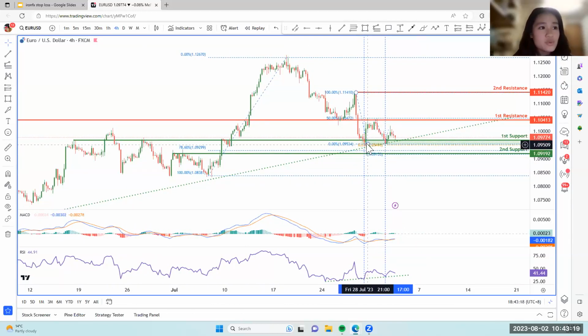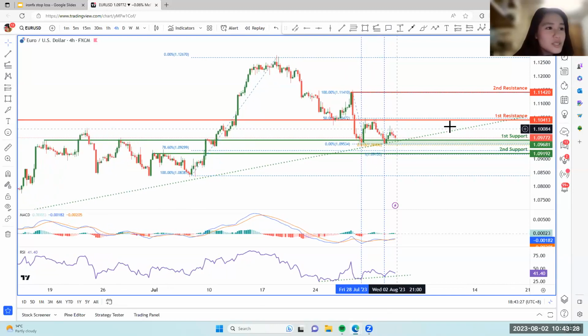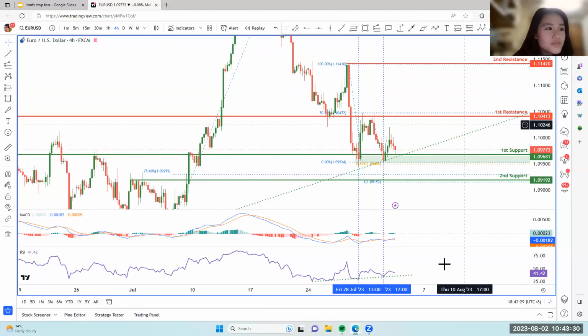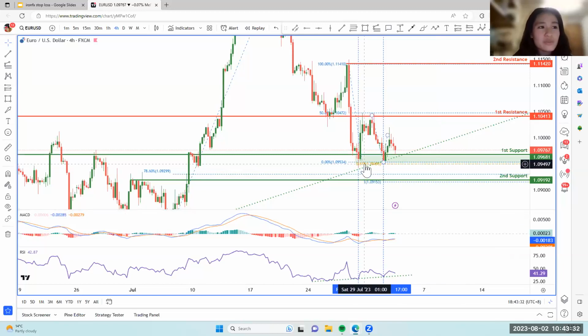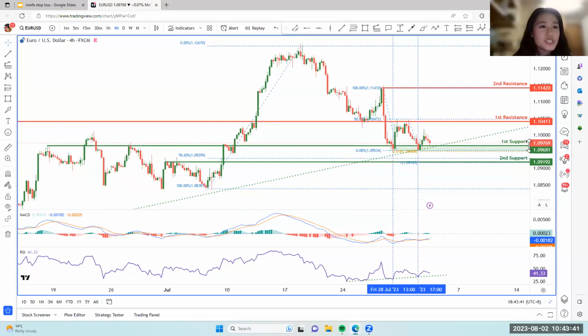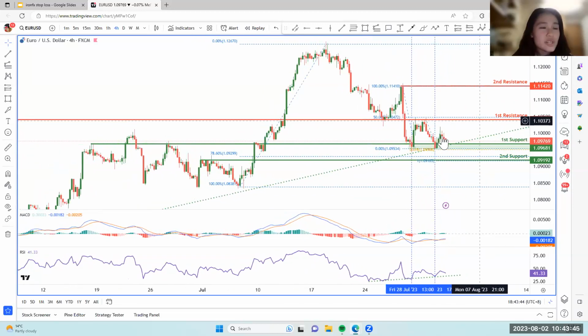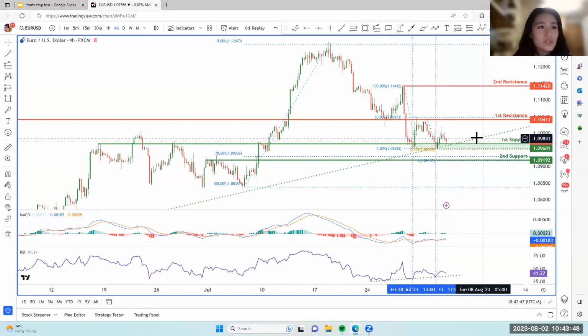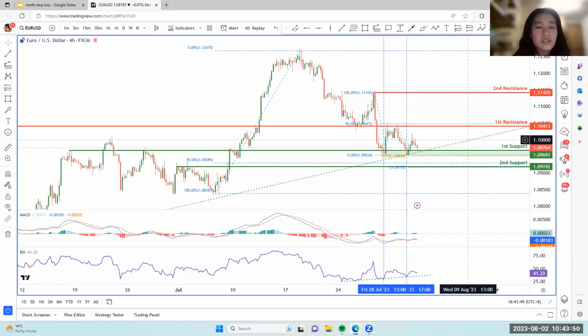But I also have the 61.8 Fibonacci retracement and the 61.8 Fibonacci projection. You can see these 3 points over there. So my 61.8 Fibonacci projection lines up nicely with my first support. So I can expect price to reverse off of our first support and within this ascending trend line.